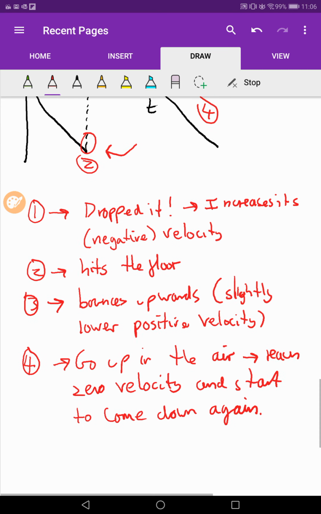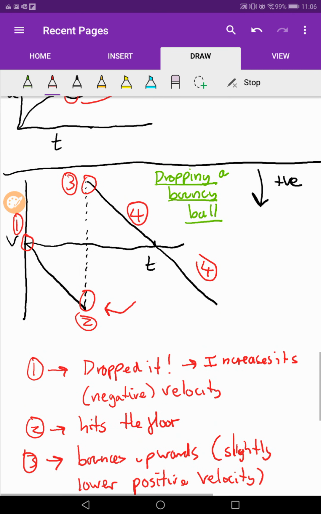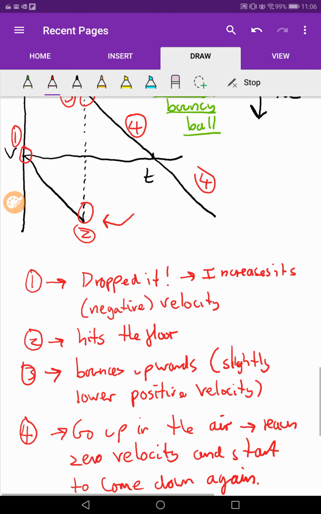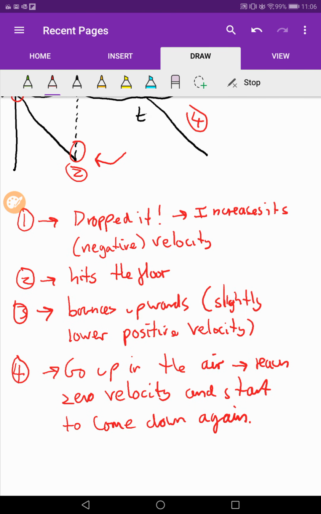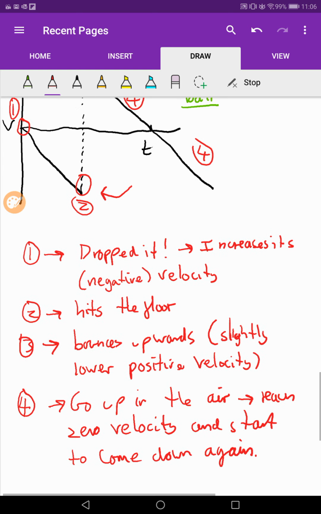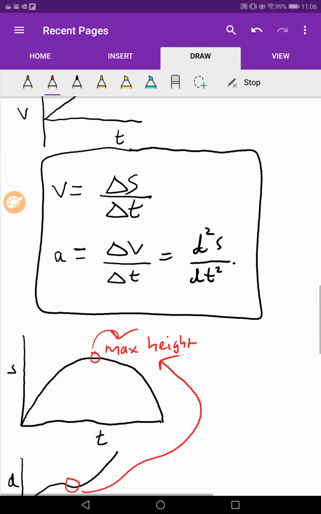So that is how we would interpret a velocity time graph like that. There's a lot of physics going on in there, and it's important that you are able to interpret these. That was a quick run through of velocity time and displacement time graphs.